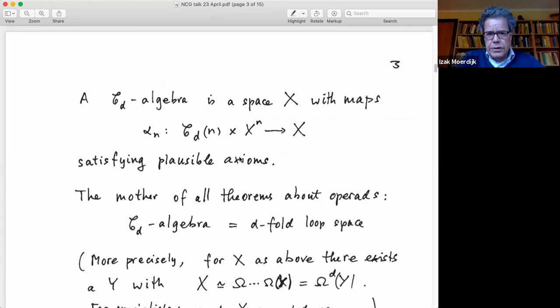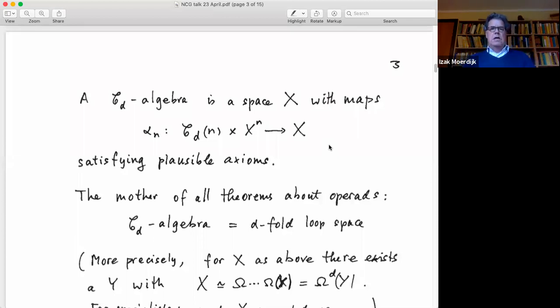These n-ary operations act on a space through maps like this. You take n points in X and you hit it with an operation and you get a new point in X. And then there are obvious axioms relating to the composition that we had before. Composition in the operad should correspond to composition of these action maps.